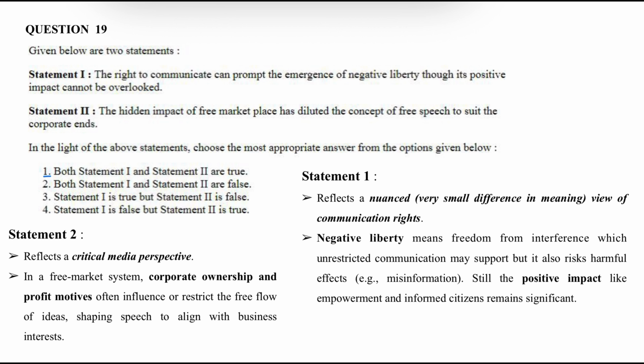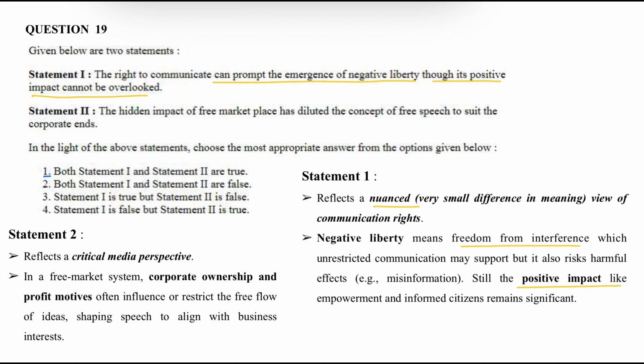So, statement 1 reflects a nuanced view of communication rights. Negative liberty means freedom from interference, which unrestricted communication may support, but it also risks harmful effects. Still, the positive impacts like empowerment and informed citizens remain significant.